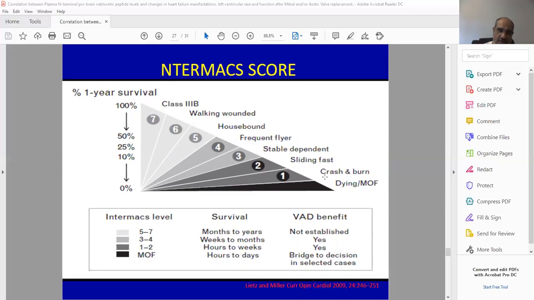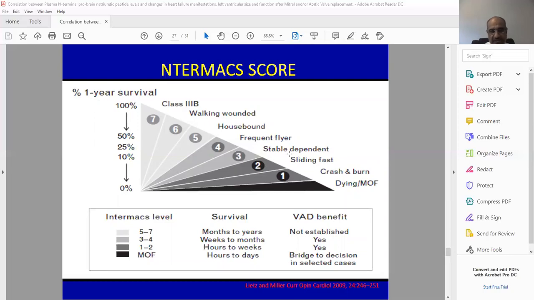One is the worst. Those are the patients who are crashing, declining in the CCU, intubated on inotropes, on escalating doses of inotropes, and they have target organ damage, liver, kidney, and they are already in respiratory failure. Sliding fast is less severe than crash and burn, but still you need to escalate and push the inotropes every day.